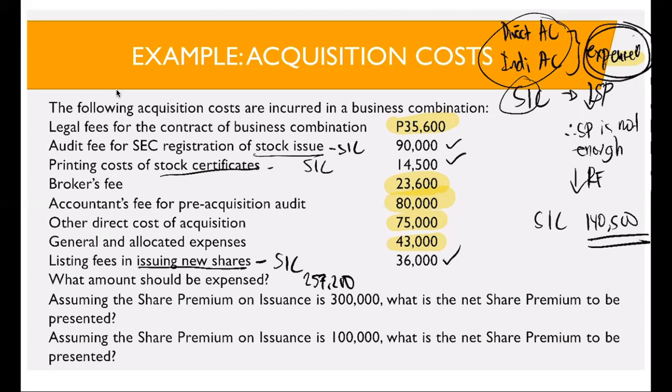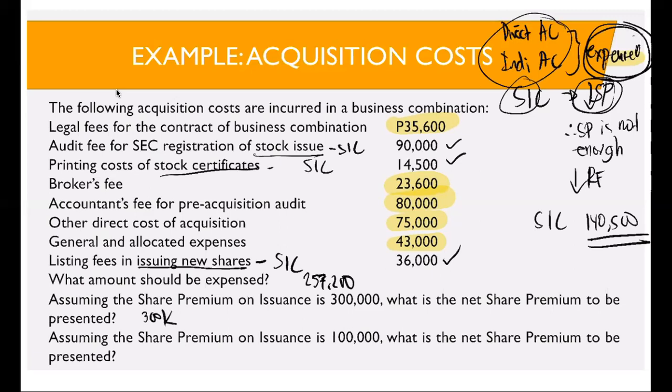Now we go to your stock issuance cost. What is the rule? If ever the share premium is enough, it will decrease the share premium. But if it's not enough, the other is treated as reduction in retained earnings. Okay, so assuming the share premium on issuance is 300,000, what is the net share premium to be presented? So our share premium on issuance is 300,000.